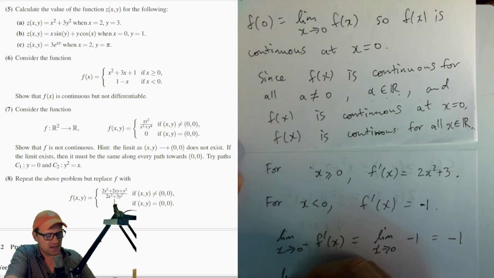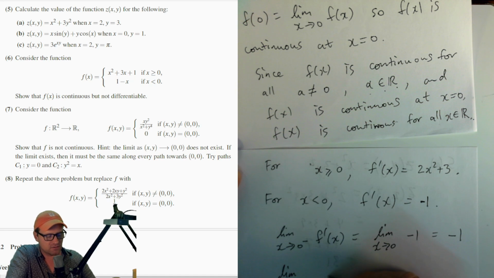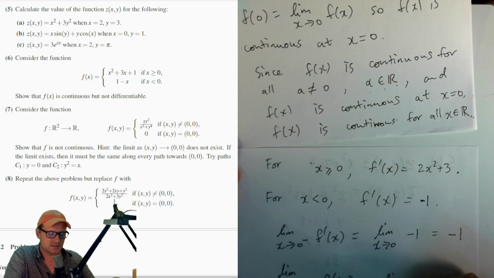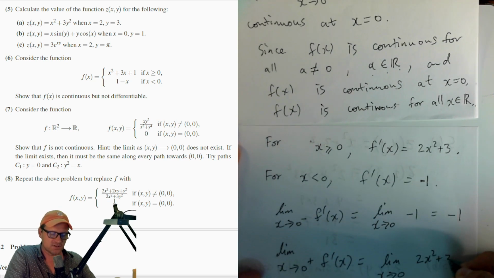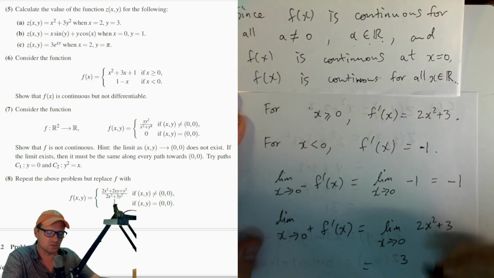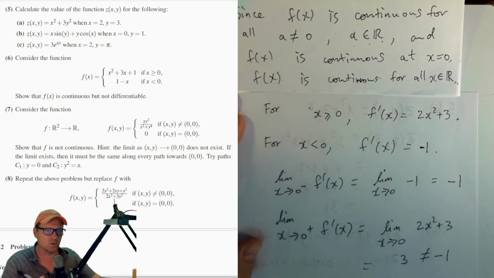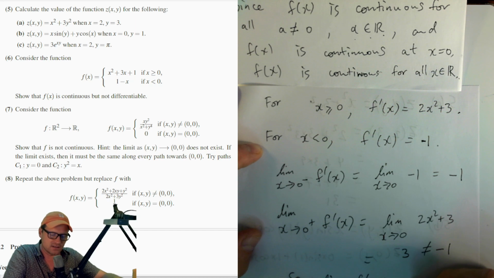Now on the other side, the limit as x goes to 0 from above of f'(x) is the limit as x goes to 0 of 2x plus 3, so this is just 3. Notice that 3 is not equal to minus 1. So the limit as x goes to 0 of f'(x) does not exist.